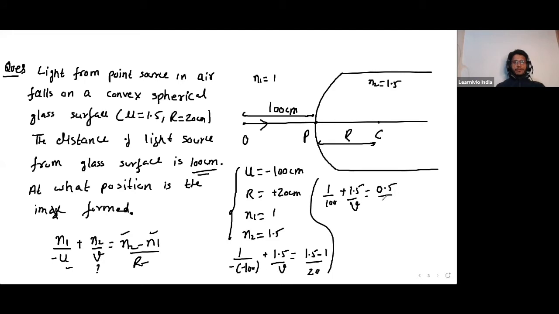It's 0.5 divided by 20. So you can write that 1.5 by V is 0.5 divided by 20 minus 1 by 100.